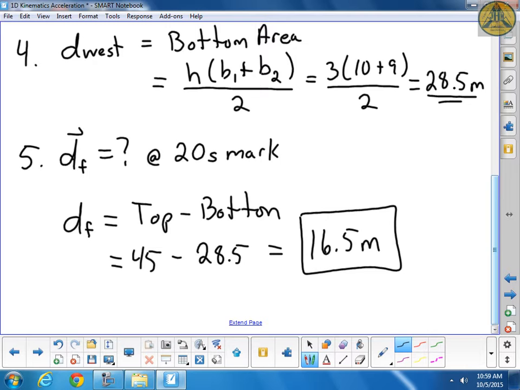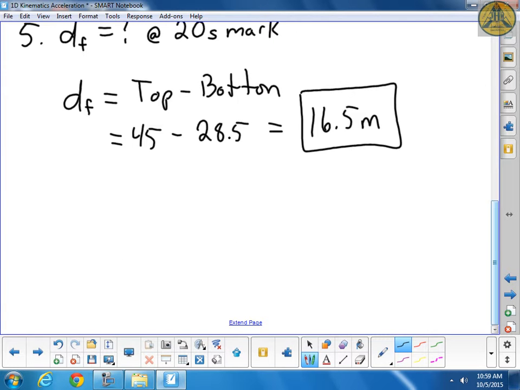Question 6, average velocity and speed for 20 seconds. So average velocity, we'll do that one first. That's where the object ends up from where it started. Starts at 0, ends up at 16.5. Took 20 seconds. So that's approximately 0.83 meters per second.